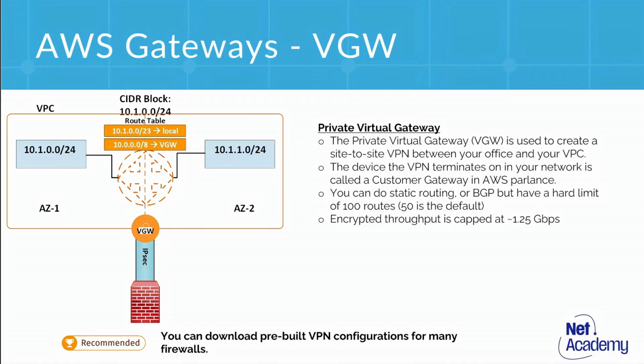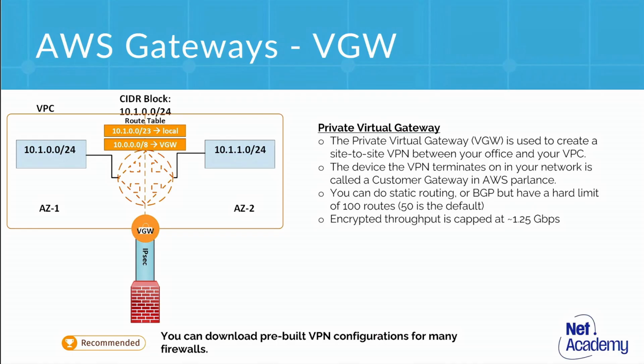What terminates the other end of the VPN is considered a customer gateway. We'll talk more about customer gateways in the next slide, but just be aware it is an example of a customer gateway, right? You could either do static routing or dynamic routing via BGP on the VGW.